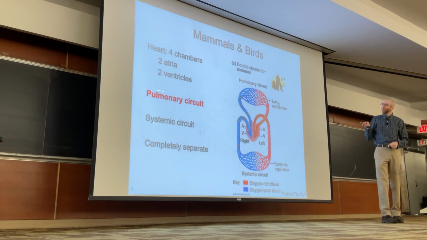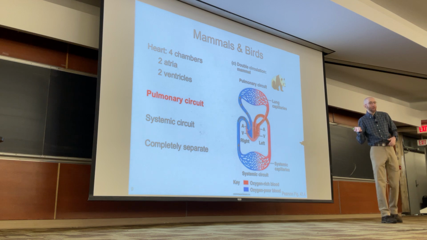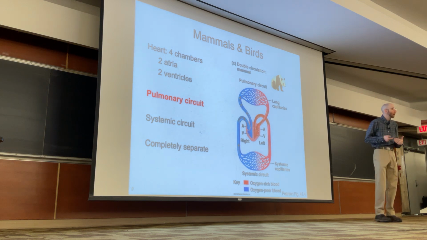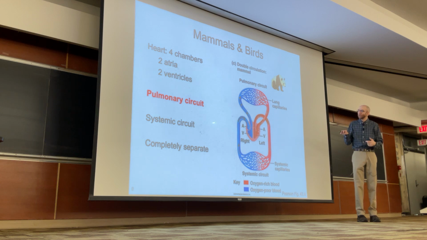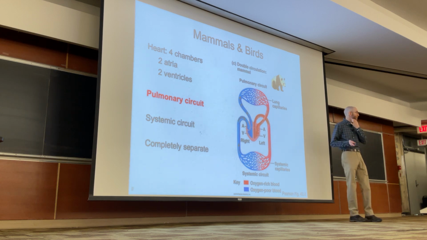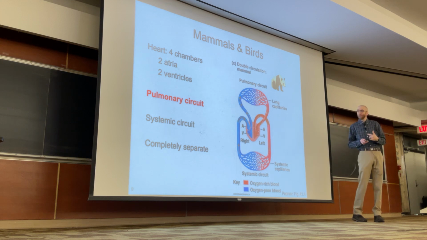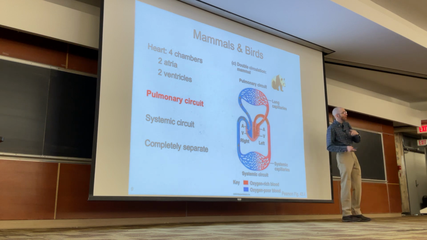So we have the pulmonary circuit, which is heart to lungs and back. And we also have the same systemic circuit, heart to the rest of the body and back. And that's the same as we just saw with the amphibians. These two circuits are completely separate, including within the heart, which makes this the most efficient type of circulatory system.